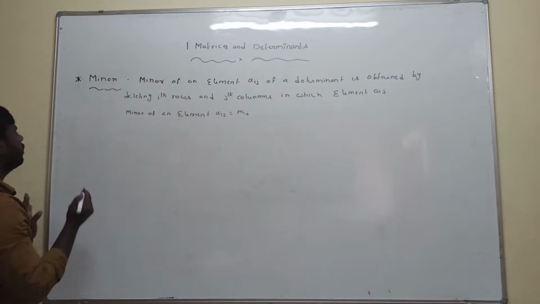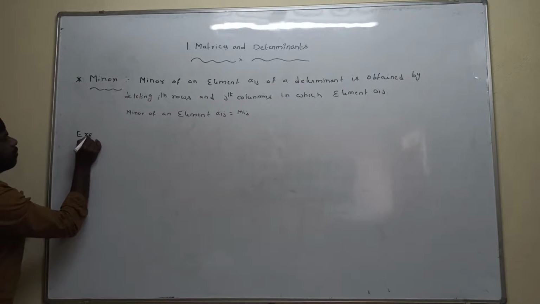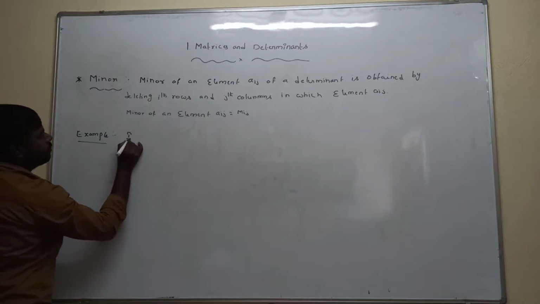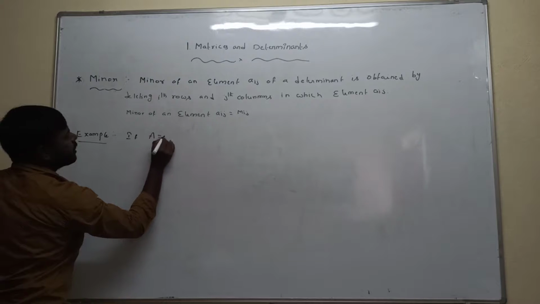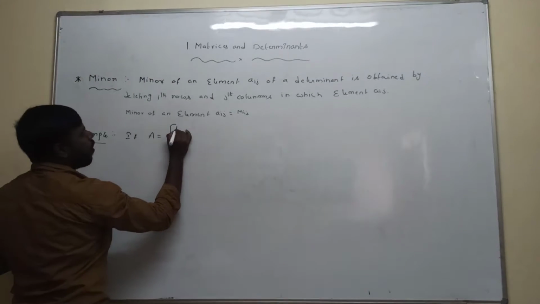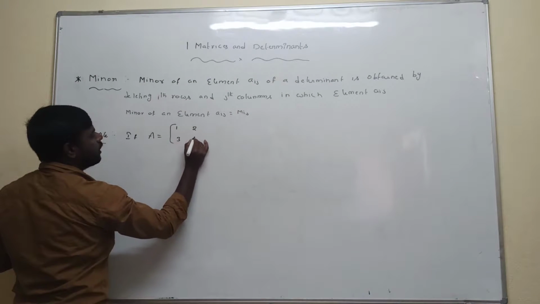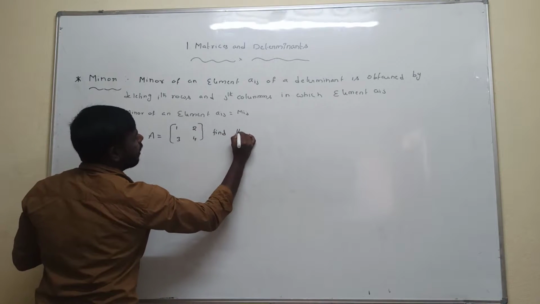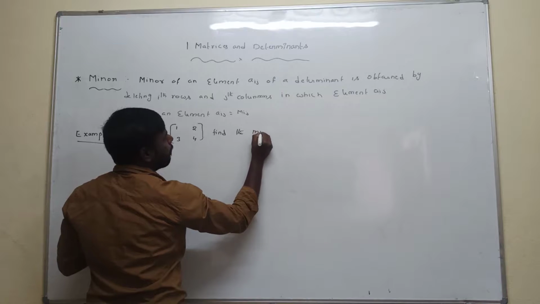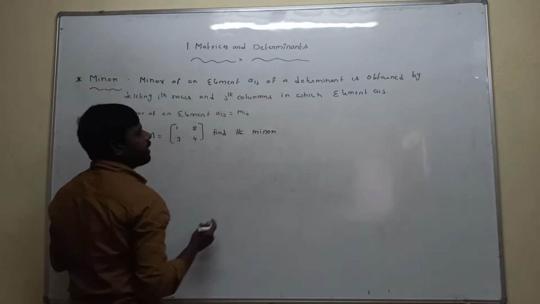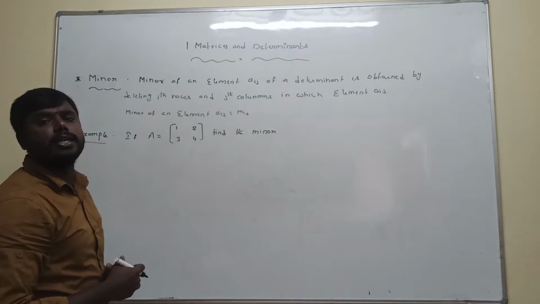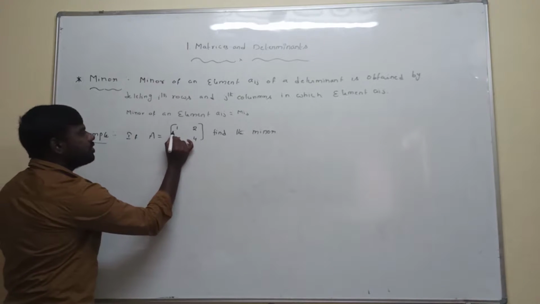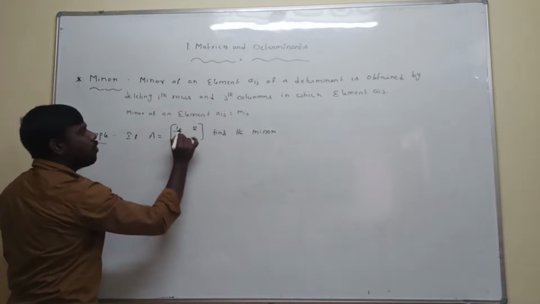For example, suppose capital A is equal to 1, 2, 3, 4. Find the minor of each element. We need to calculate the minor of each element. Observe, dear students, what is the position of the element? This one is in the first row, first column.